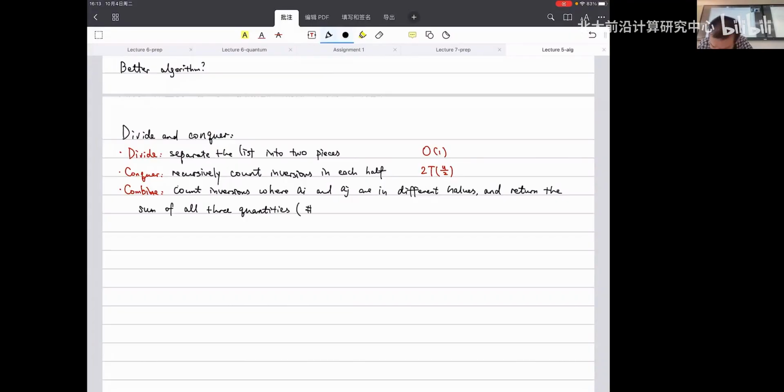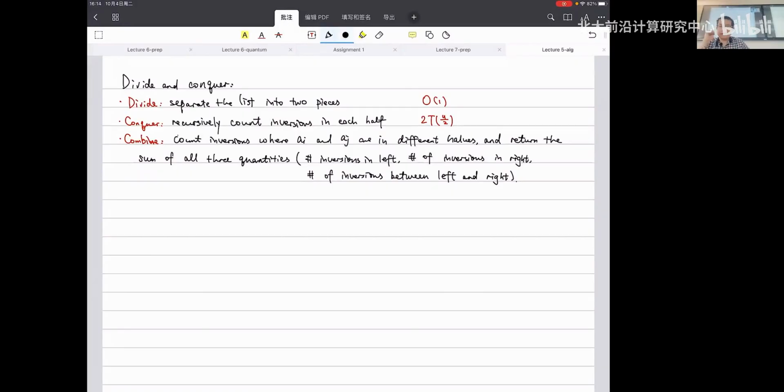That is the number of inversions in the left, the number of inversions in the right, and also the number of inversions between left and right. I guess this is relatively straightforward.